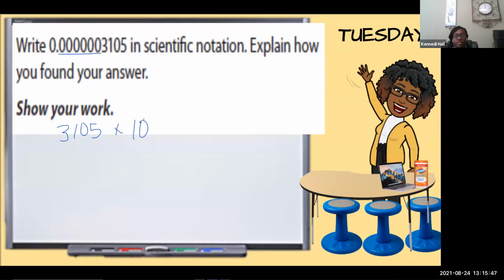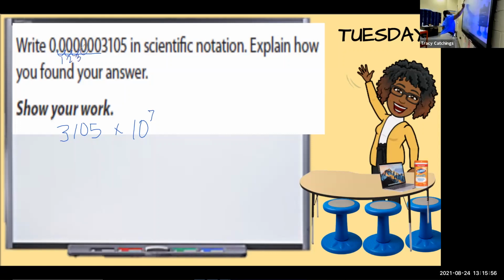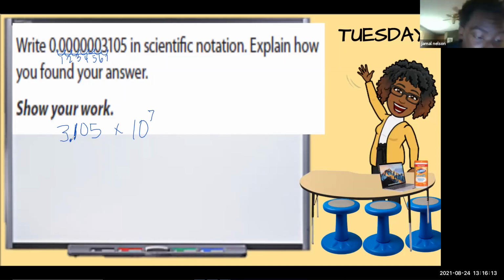It's going to be 7 because that's how many places, 2, 3, 4, 5, 6, 7, behind that 3. Good. Then don't forget we need a decimal after that 3 to make sure it's just 1 digit in the front. Now, would that 7 be positive or negative? Negative. It's a small number. Good job.